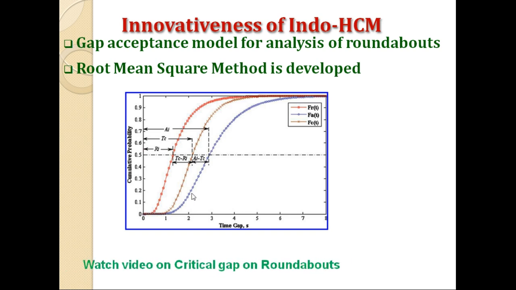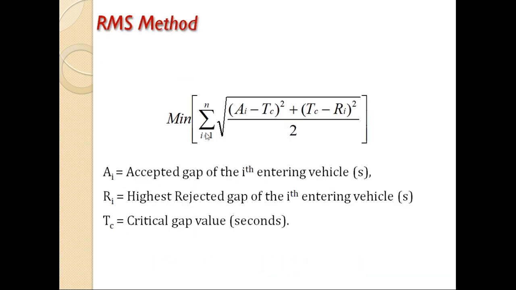And this method suggests that this is the accepted gap distribution curve and this is the rejected gap distribution curve. Then the critical gap distribution curve will lie between these two in such a manner that the root mean square error of this Tc minus Ri and Ti minus Tc will be minimized.